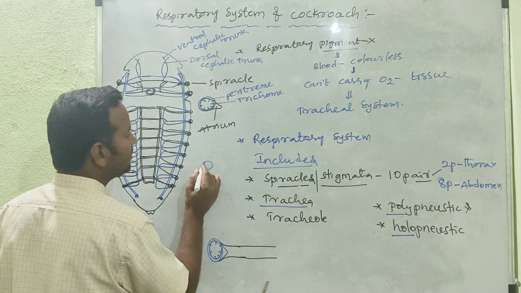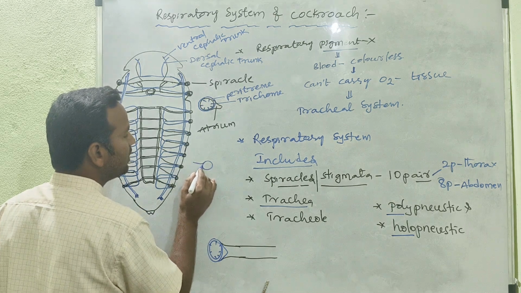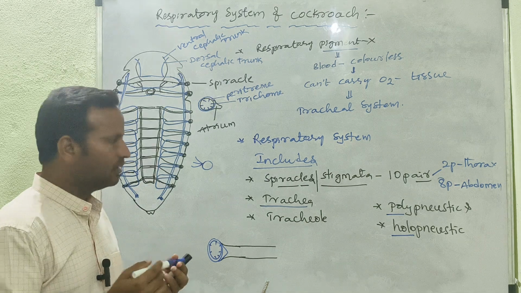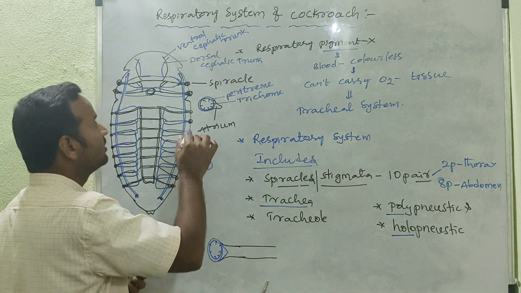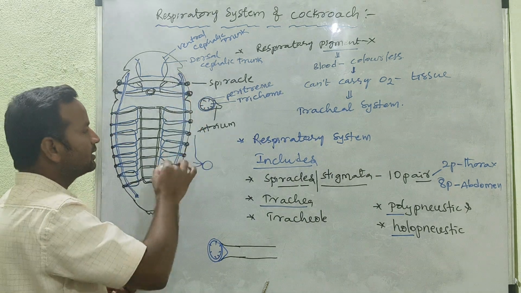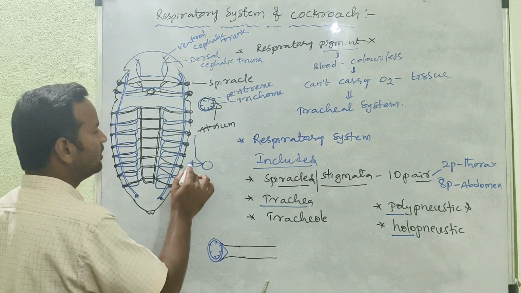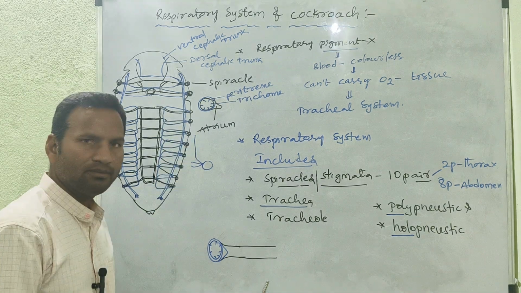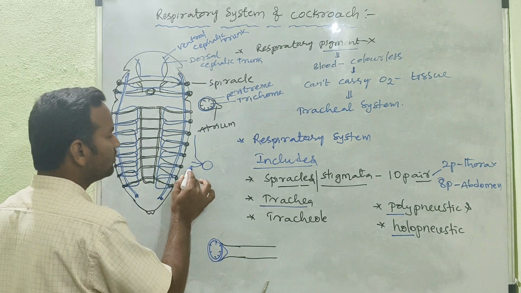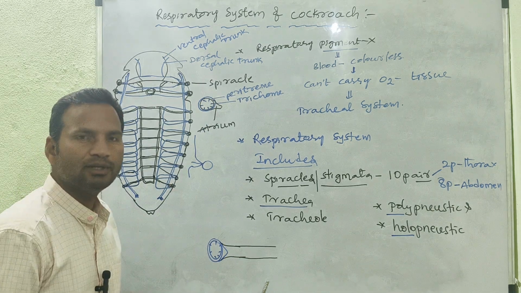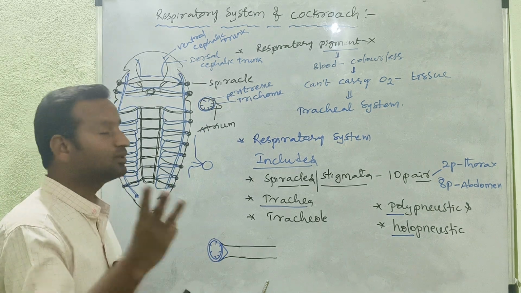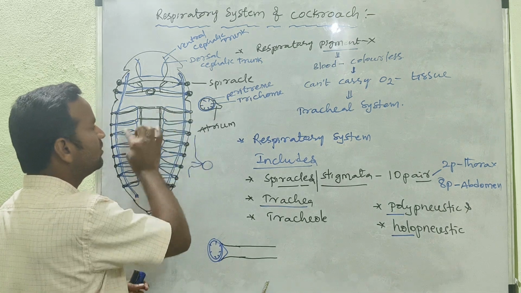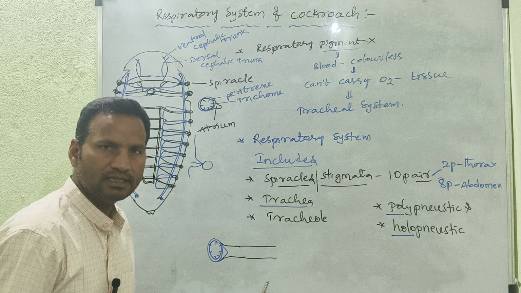In which three tubes are arranged. For example, one, two, three. One is the lateral longitudinal tract. One more is the dorsal longitudinal tract. And the third one is the ventral longitudinal tract. These three tubes arise from each spiracle of the abdomen segments.